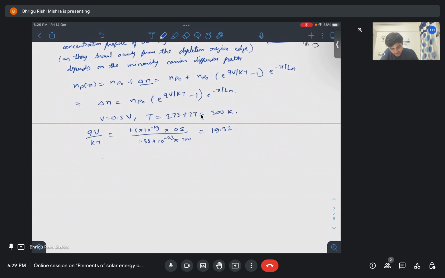So e to the power 19.32 minus 1 is 246697017.9, so we can approximate it to 2.47 into 10 to the power 8. Now delta np is np naught times 2.47 into 10 to the power 8 into e to the power minus x by Ln.